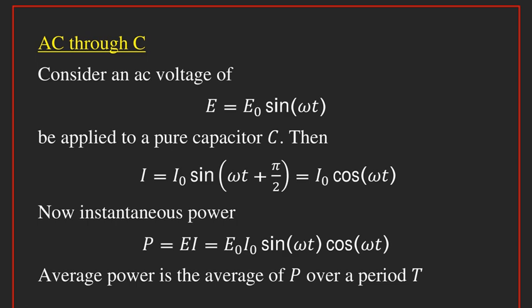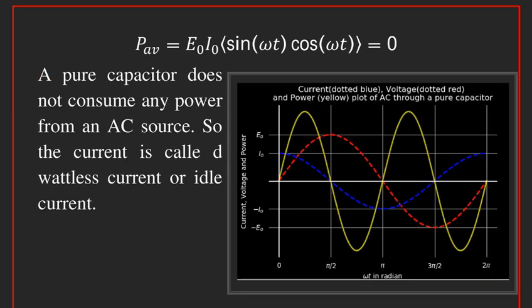Here also, the more useful quantity is the average power, which is the average of this over a period T. So PAV is equal to E0 I0 into the average value of sin omega t cos omega t. And we can see that the average value of sin omega t cos omega t is 0.